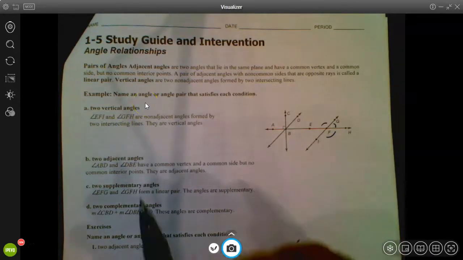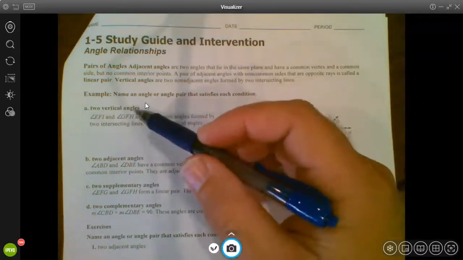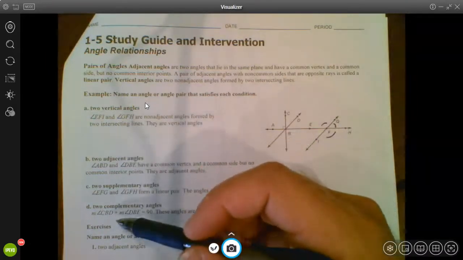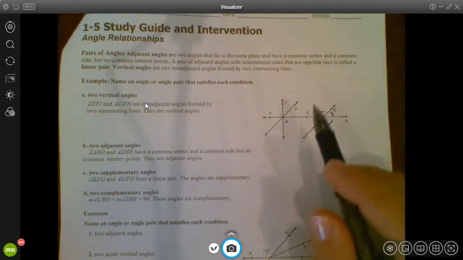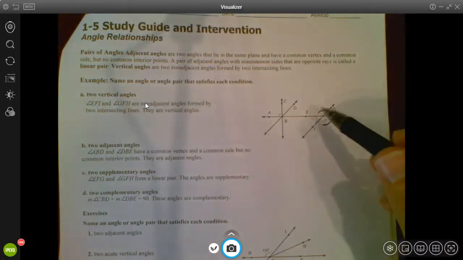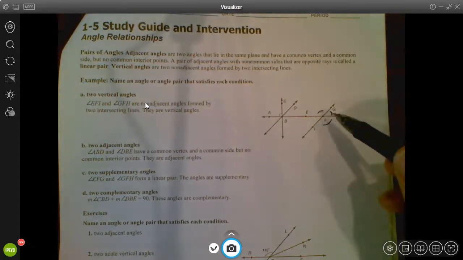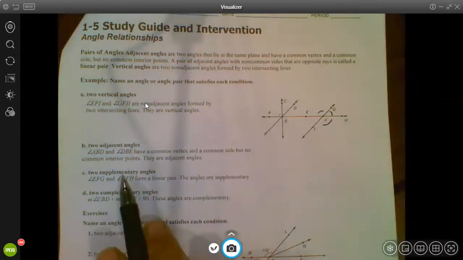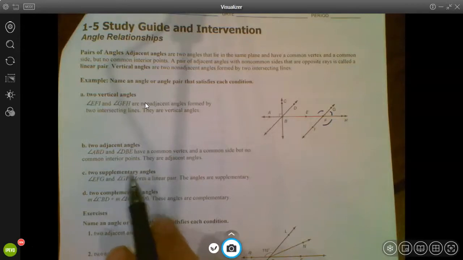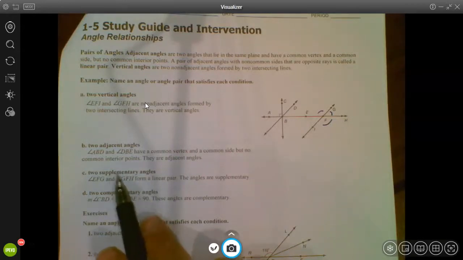As far as vertical angles go and those types of things, this is a great little list of vocab for you of what you need to take away from this page. One of the things that we talked about up here: two angles that form that line add up to 180. Anytime you have two angles that add to 180 degrees, they have a special name. We call them supplementary angles. These could be any two angles.